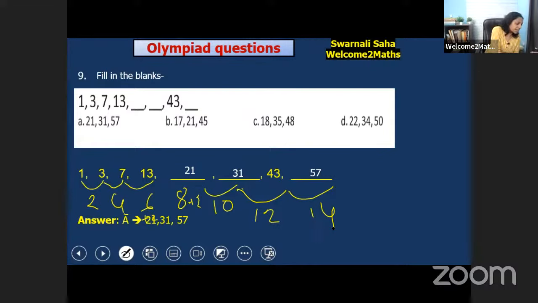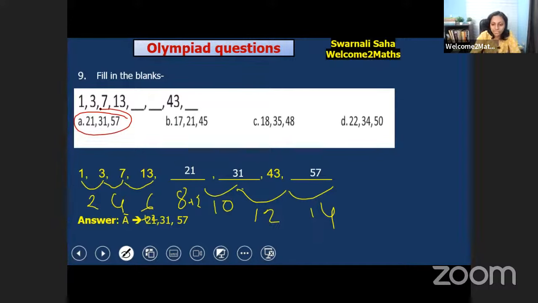Option A is the right one: 21, 31, 57. Got it? It is increasing by 2. Hope you understood. So now let's move on.